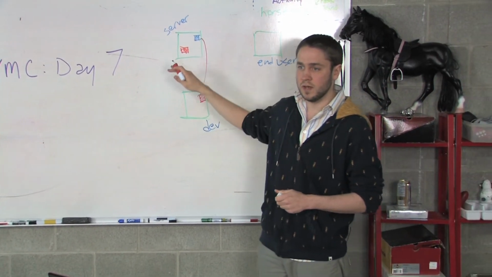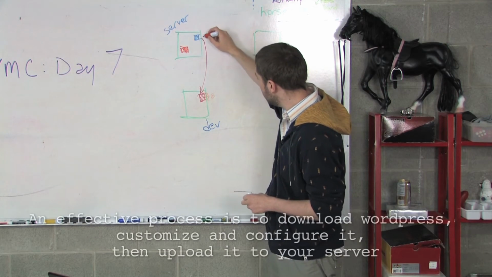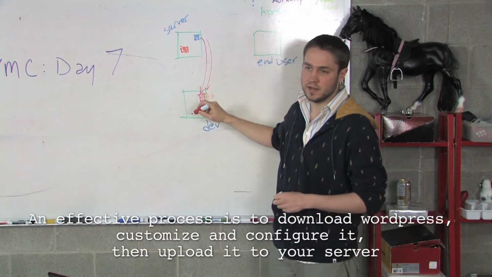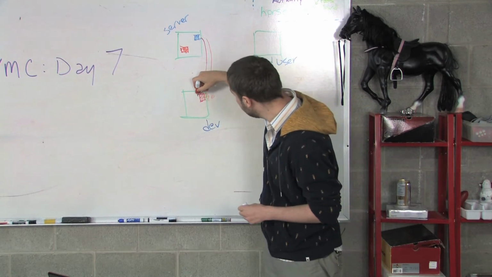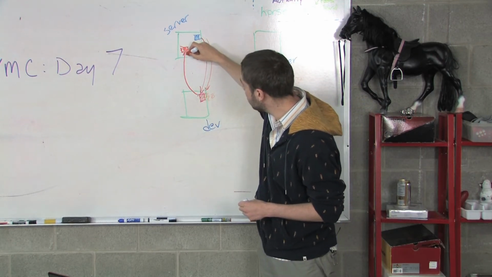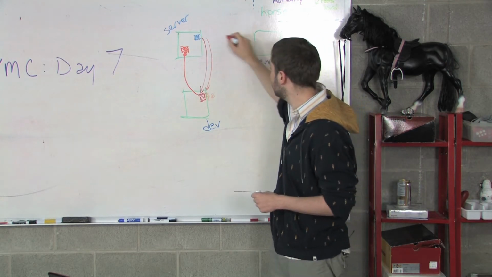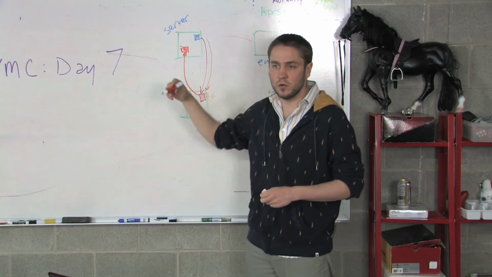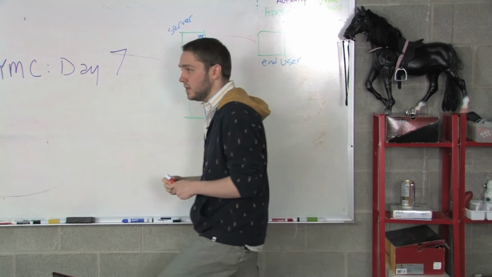So like we have our YMC servers and what have you. So what we're basically doing is we're downloading the WordPress package, configuring and setting everything up on our machines, and then we're uploading those WordPress files, but this time we're uploading them to our server, right? So that way when people are visiting our website, we've got the whole WordPress package installed on our server, right? So that's basically what's happening.